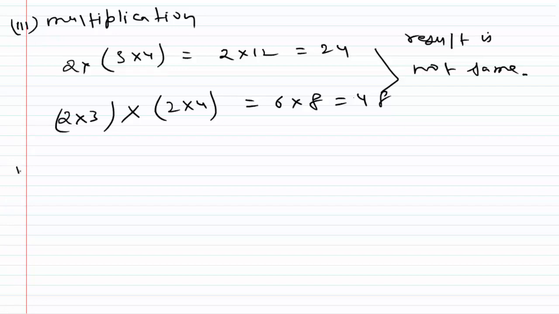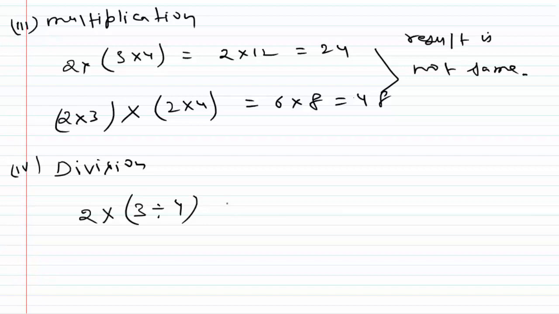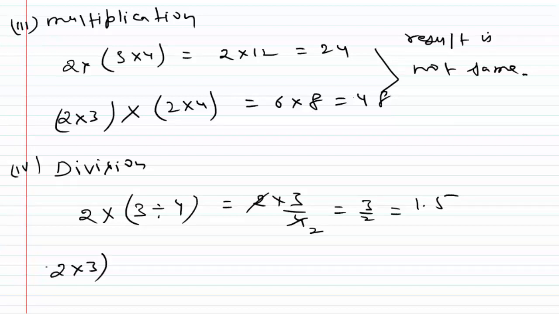Let's see the next operation, that is division. So you need to divide 3 by 4, but at the same time you also need to distribute 2 to them. So this expression can be written as 2 into 3 by 4, and it can be solved as 3 by 2 equal to 1.5, and in the other form we can write it as 2 into 3 divided by 2 into 4.